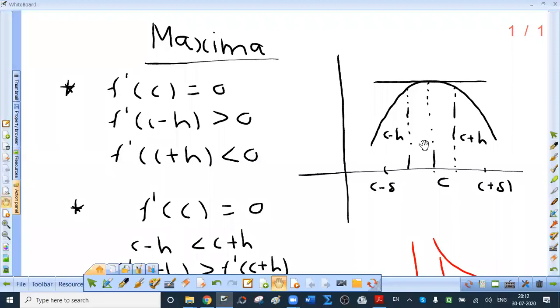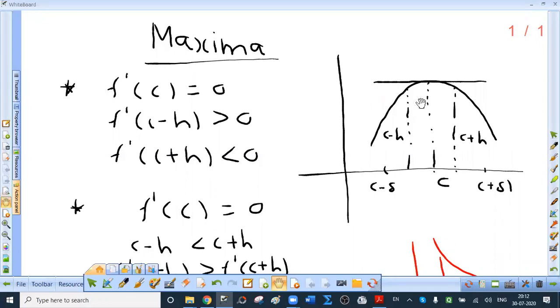Now I consider 2 points c minus h, c plus h, both belonging to the open interval c minus delta, c plus delta. That is, c minus h, c plus h belong to the neighborhood of c, such that c minus h is less than c plus h. Okay, we are now in a position to discuss the first derivative test. Clearly, the tangent drawn at point c is parallel to the x-axis.